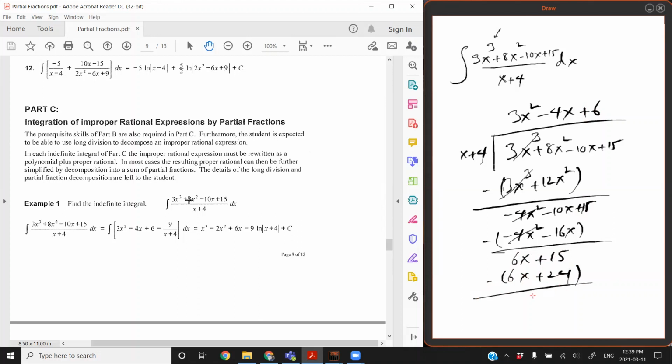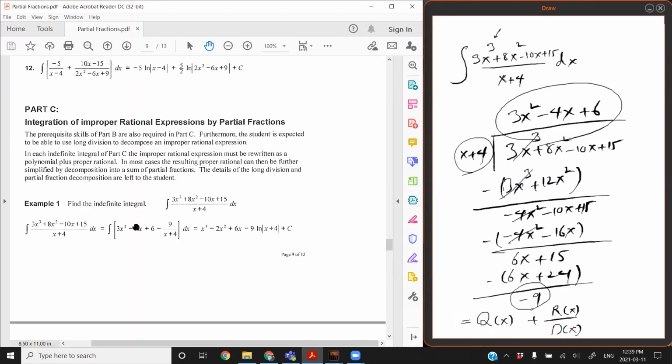Subtract, you're going to get 15 minus 24, minus 9. So that means this fraction here can be written as the quotient, which is this, plus the remainder, which is this, over the same divisor, which is this.